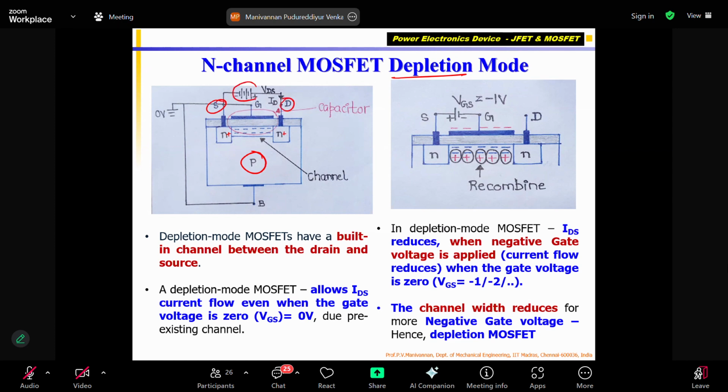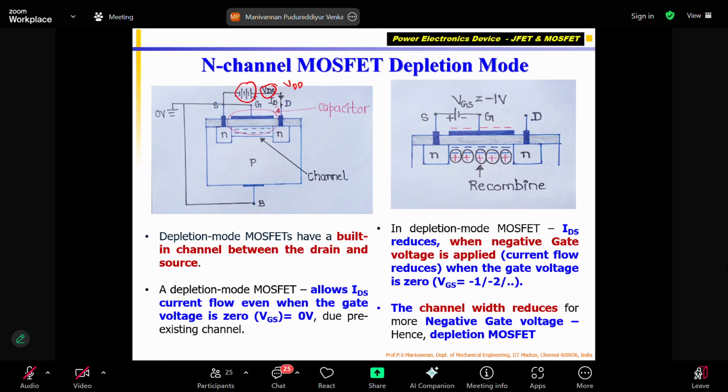Across that I supply a voltage VDS, in some books VDD. In the transistor they put VCE or VCC; same way here. The drain is connected to the main power supply.